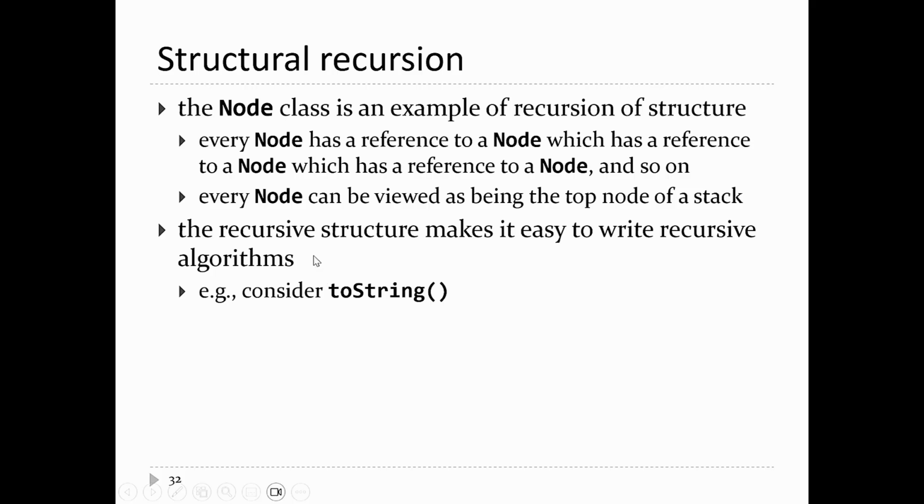If you think about that for a second, that looks a lot like a recursive algorithm. And so the recursive structure of this class node makes it, quote unquote, easy to write recursive algorithms that operate on nodes. toString is an example of a method that you could write recursively instead.